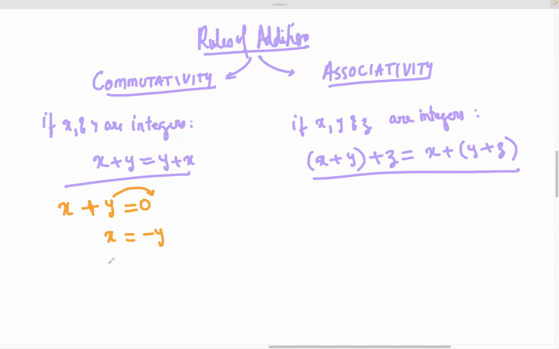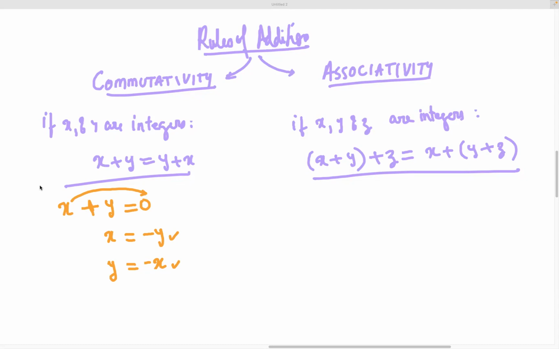Likewise, we could also write y is equal to minus x. In this case we move the x to the right hand side and keep the y as is, and so these are the two relations we get.